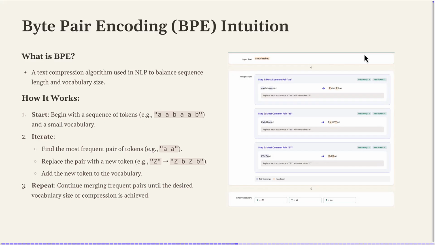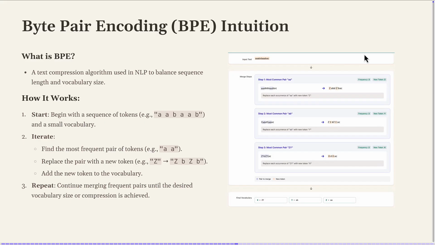Clear? So this process is going to repeat until you reach your desired vocabulary size, because you tell the tokenizer that at the end you want, say, 30,000 tokens.